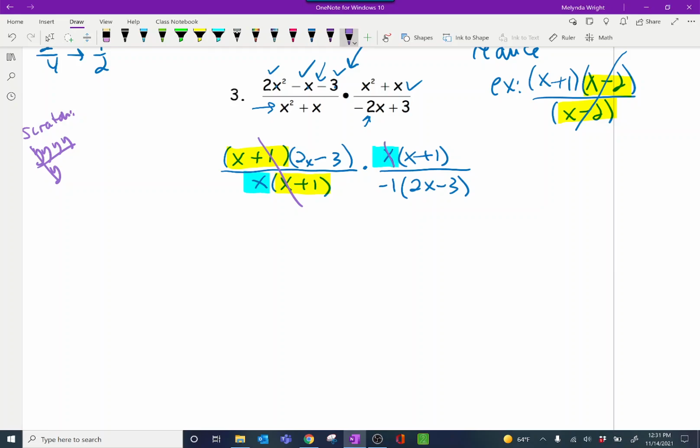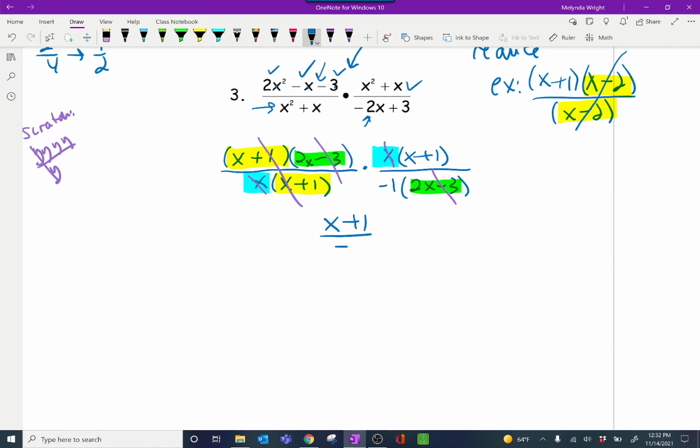So that's gone and that's gone. What else do we have? Look at here, we've got a 2x minus 3 and a 2x minus 3. Great. We're making such great progress. It looks like we don't have anything else to cancel, so let's write down what we have left over.